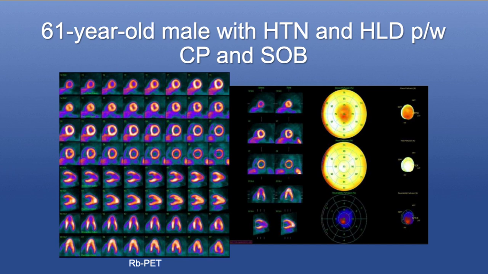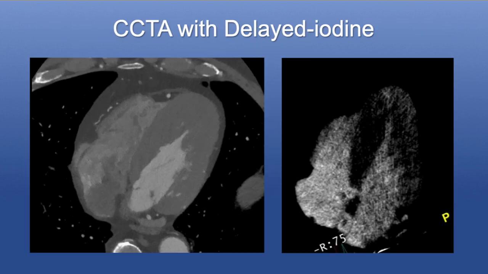So what's the diagnosis? Maybe you can see from there, but the patient kept having this chest pain and shortness of breath. The question is, is this just ischemia in the apex? Is it a small amount of ischemia? Should I send this patient for an invasive coronary angiogram?